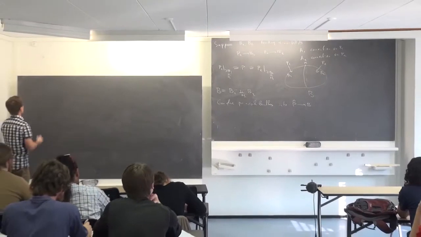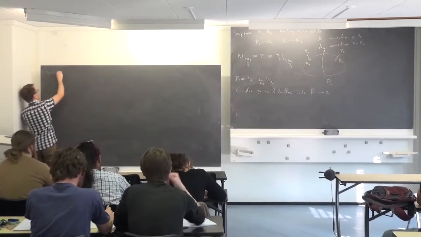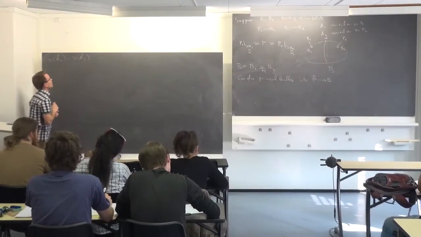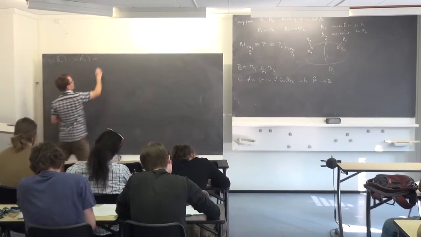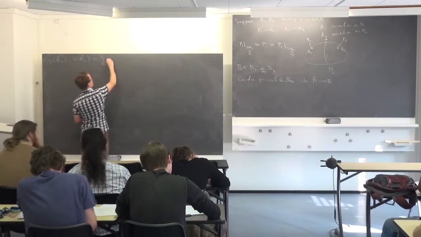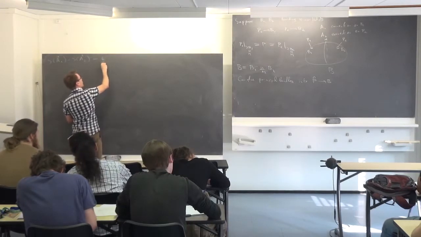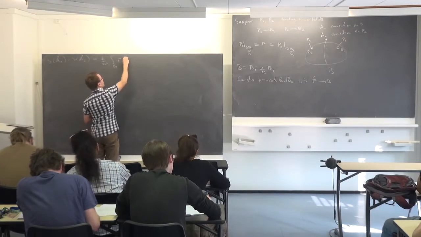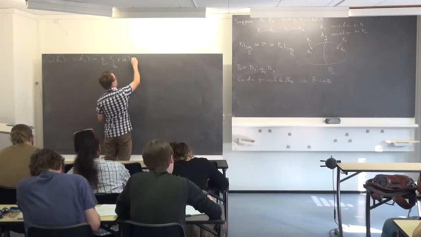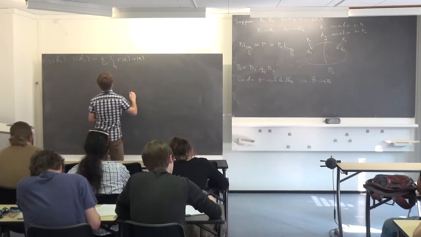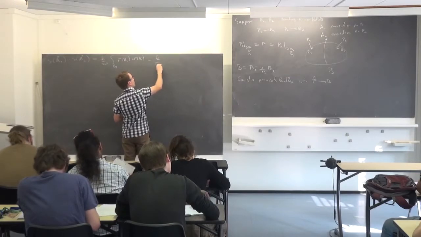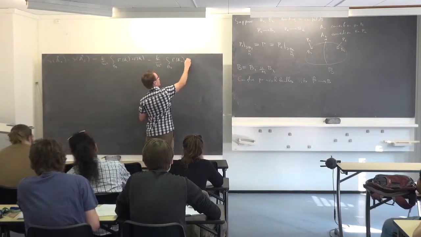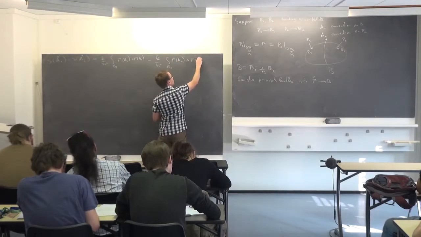Okay, so now let's look at what happens to the action. So how does the action change? Well, you have some integral over B1. So we have k over 4 pi squared integral over B1 of curvature of A1 wedge curvature of A1 minus k over 4 pi squared integral over B2 of F of A2 wedge F of A2.